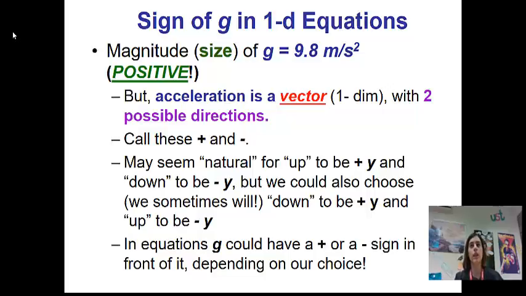Okay? So when we look at the 9.8 meters per second squared, that's the magnitude of the vector for acceleration due to gravity. So then we have to decide, okay, which way are we making positive? So typically you make up positive, so then gravity is always negative.